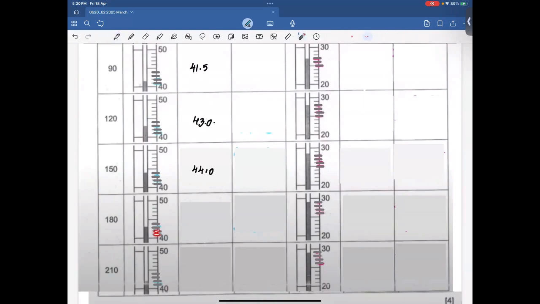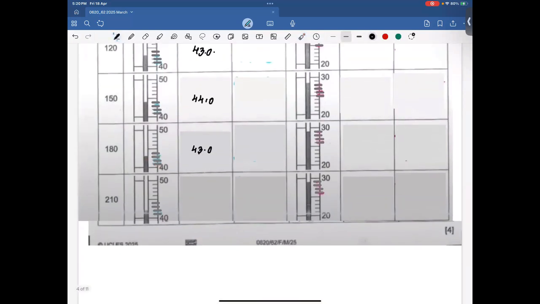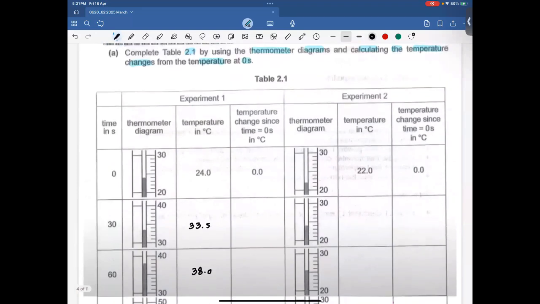Then we have 41, 42, 43, and this is 43.5. Let me check again. 41, 42, and this one is 43. So it's 43.0. Last reading, this is going to be 41.0.